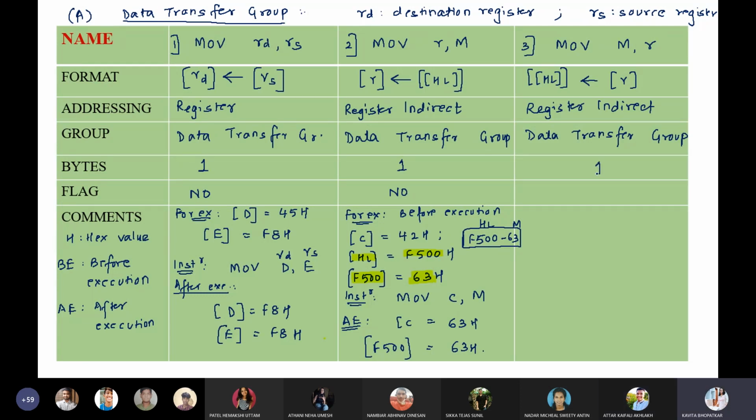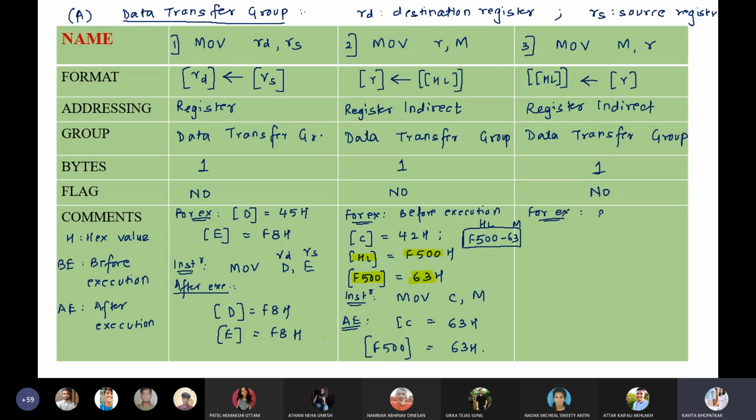Number of bytes required over here will also be 1 because there is no 8-bit data or 16-bit data in the operand, and no flag changes for data transfer. So let's take a similar example to what we've taken over here.